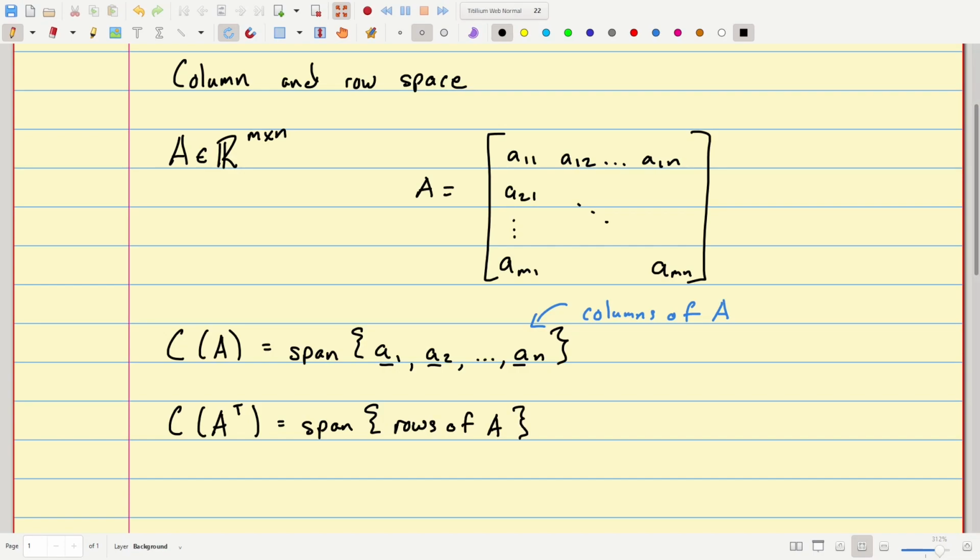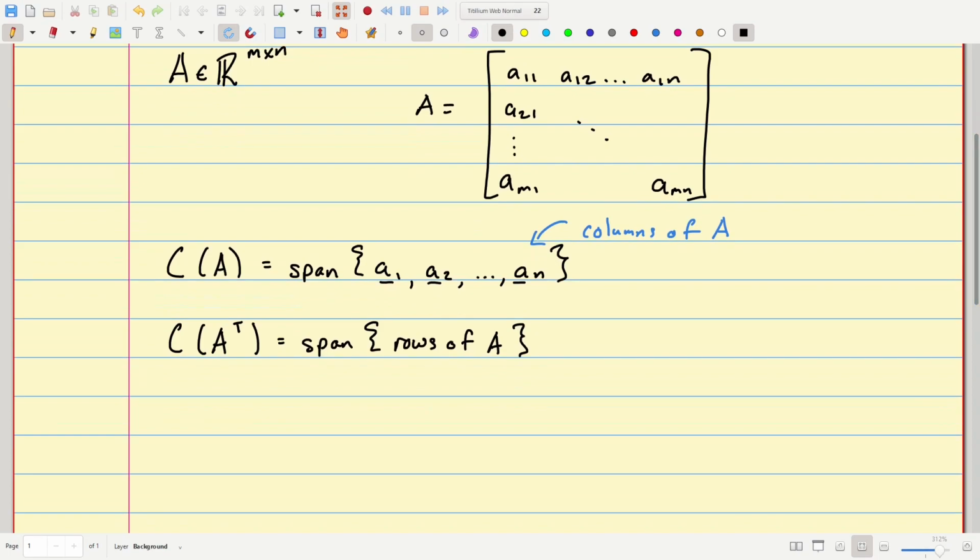Rather than trying to be too cute about the notation we use, the easiest way to understand this is we're just talking about the span of the rows of A. What that means is I'm thinking about taking the rows of A, turning them into column vectors, and then talking about that span. We have these two ideas together.